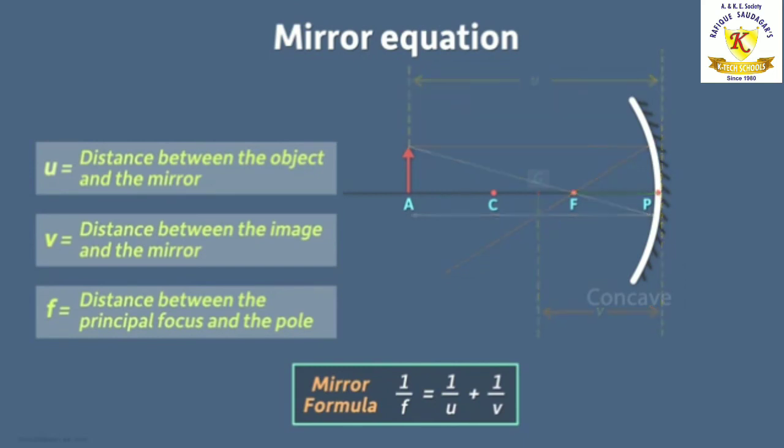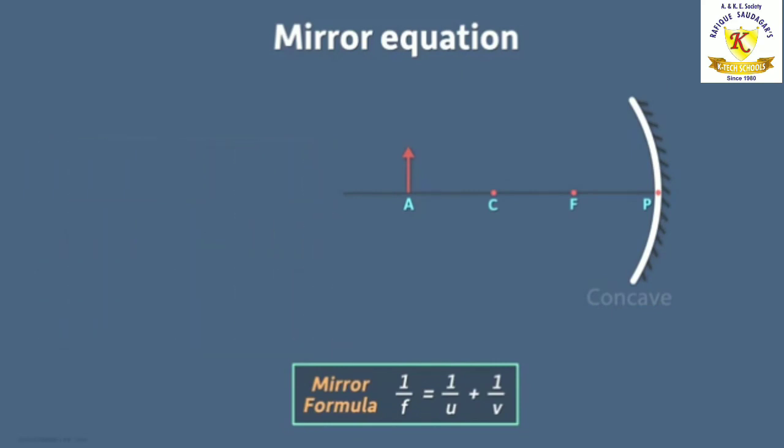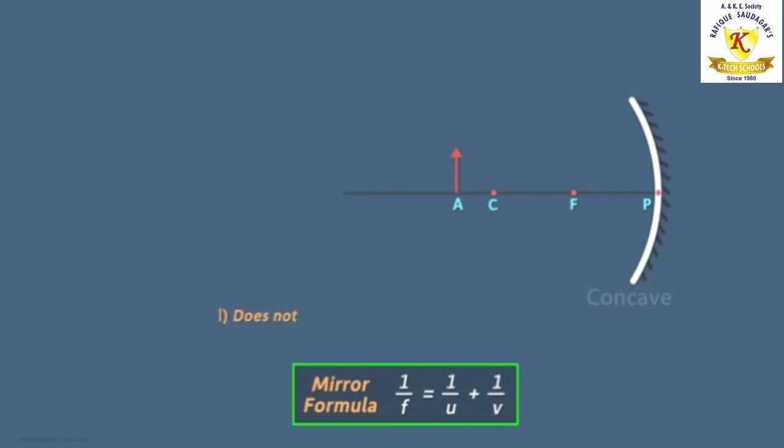the focal length. What if instead of this I had placed an object somewhere else? It wouldn't change our formula. The equation does not depend on the object's position from the mirror.